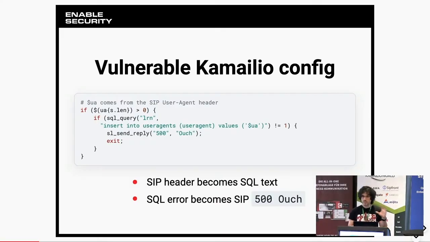But SQL Map is an excellent tool for exploiting SQL injection vulnerabilities. It's really cool. There's a lot of work that has been done in the past probably 20 years on SQL Map. So it's a tool that we can reuse if we have a SIP to HTTP sort of proxy.